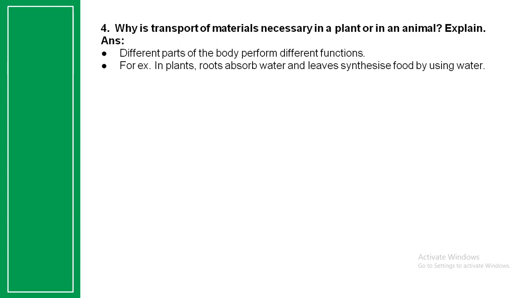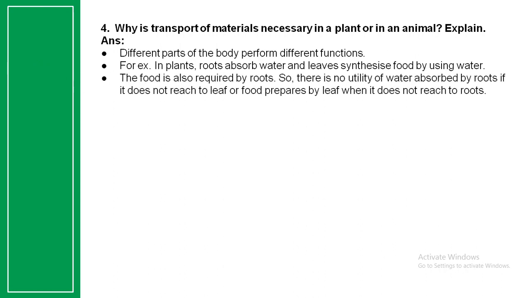So, if transportation is not possible, how can this water reach the leaves? First point. Second point, suppose कैसे भी करके वो पहुंच गया, but leaves are performing the photosynthesis process and making food. Now, if transportation is not present, how can this food be transported to the roots?